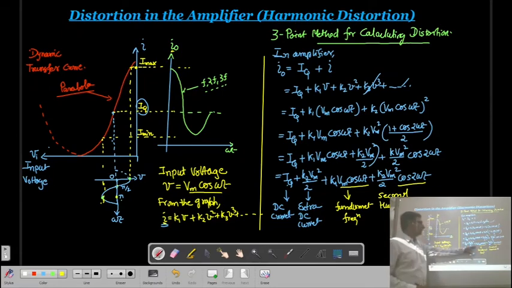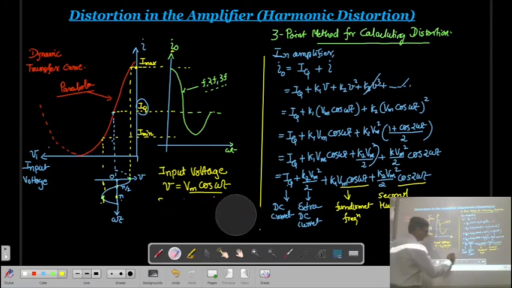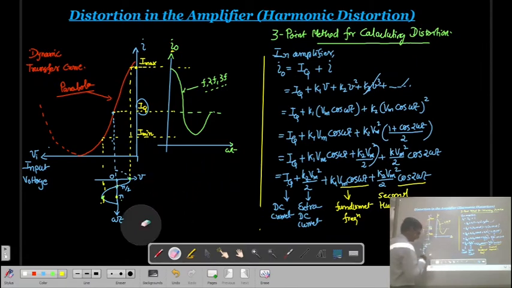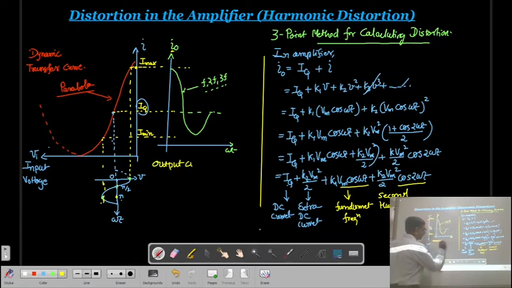Now this expression we will write in a simple way. That output current of the amplifier is written as I is equal to IQ plus K2 Vm square by 2.